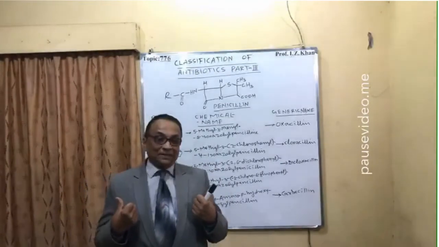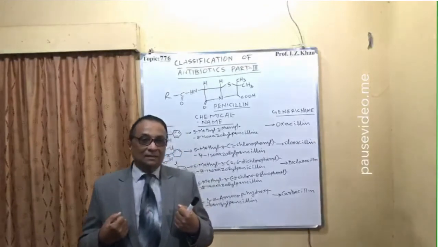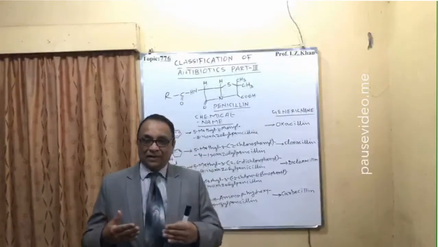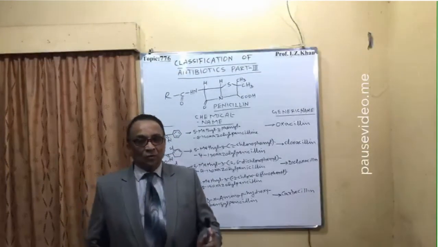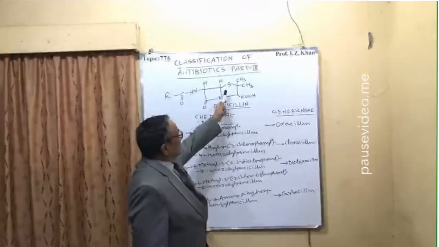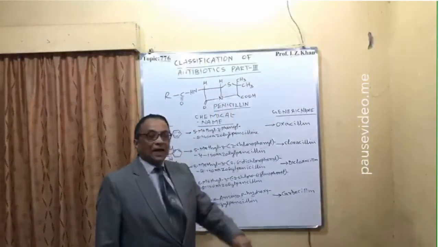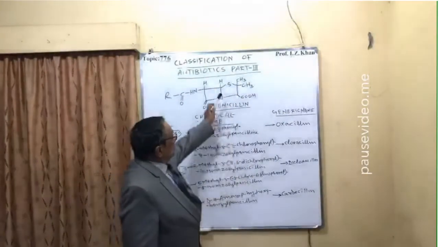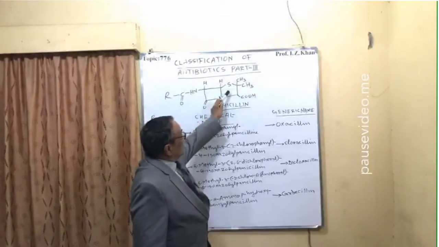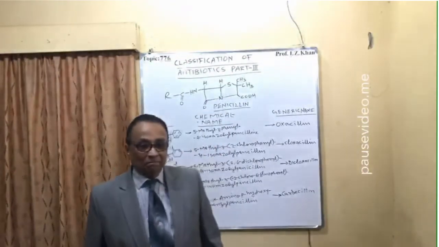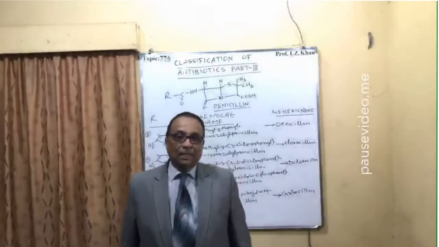This group of penicillin, that is beta-lactam, is again subdivided into 2 groups. In one group it is penicillin, with the 5-member ring with sulfur, and the other is cephalin, where it will be a 6-member ring. Only these 2 subgroupings are there in this beta-lactam.